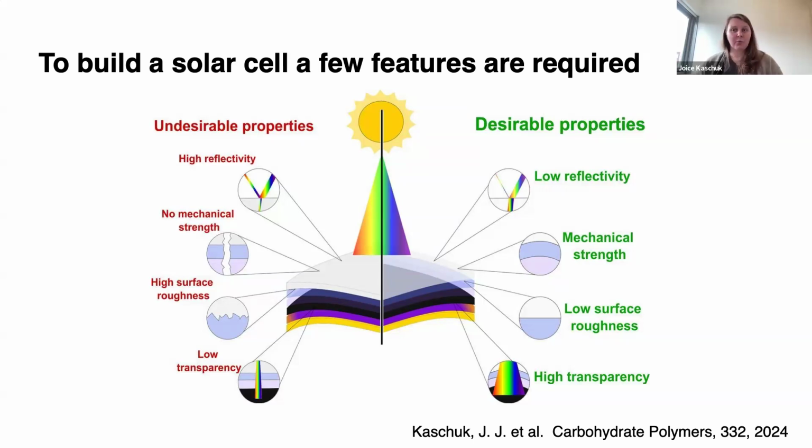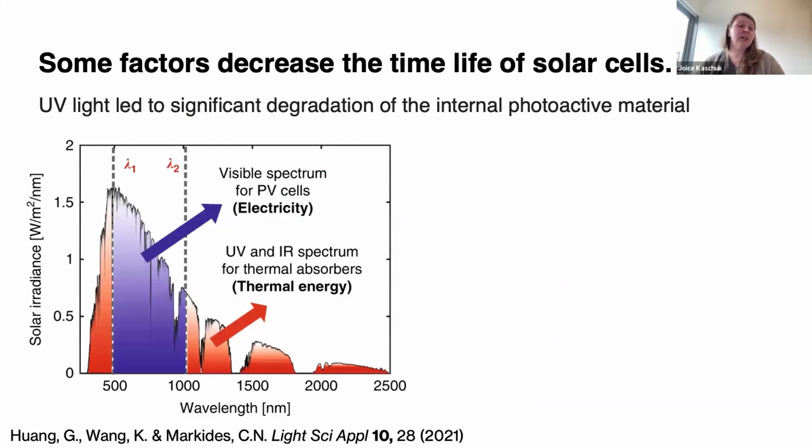Another interesting feature is that we can use these nanocellulose films as holders for other light management properties. For instance, one of the main factors that makes solar cells die is their own degradation from UV exposure or infrared exposure. As you can see in this image, there's a red area and a blue area. If you focus on the blue area, only that area actually generates energy inside of the solar cell.